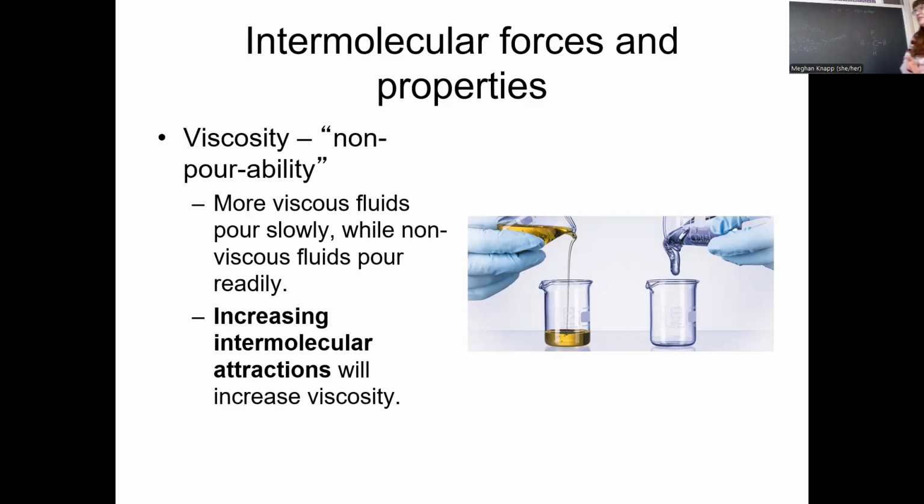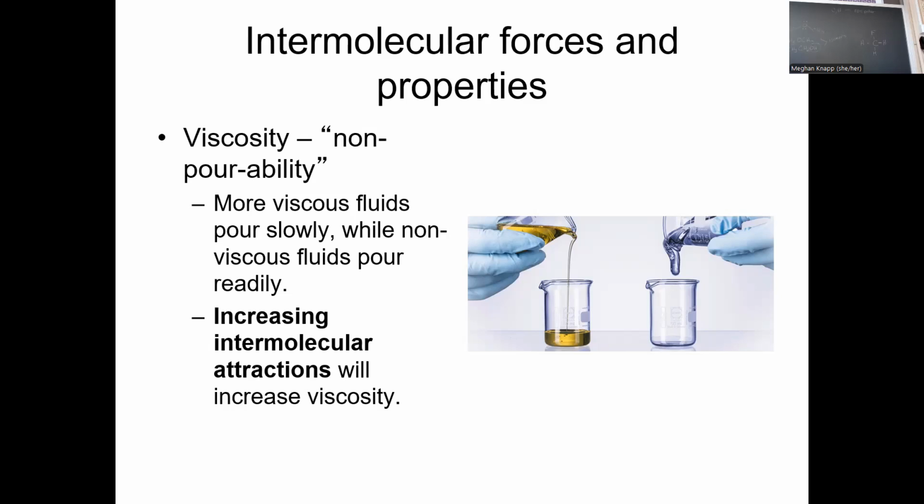Now, if I'm comparing different oils, what's going to be more viscous? Something with a short chain of carbons, like 6 carbons, or something with a long chain of carbons, like 20 carbons? Which has more interactions, stronger interactions, the shorter or the longer? The longer, right?